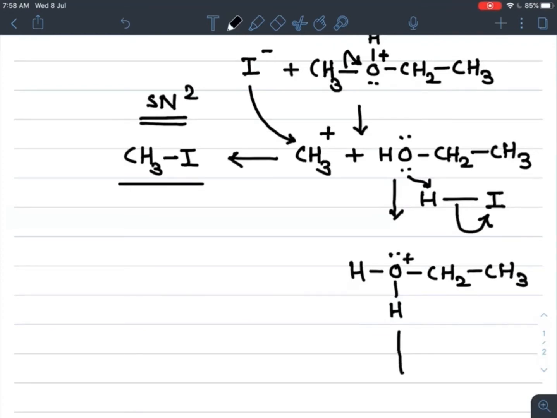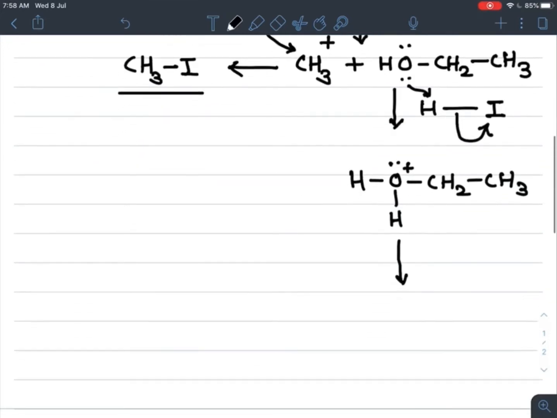Further, the bond between oxygen and CH2CH3 breaks heterolytically. These two electrons are again attracted towards oxygen, which is highly electronegative, and there is a formation of H2O, a neutral molecule, plus CH2CH3 plus, along with the I minus formed in the first step.